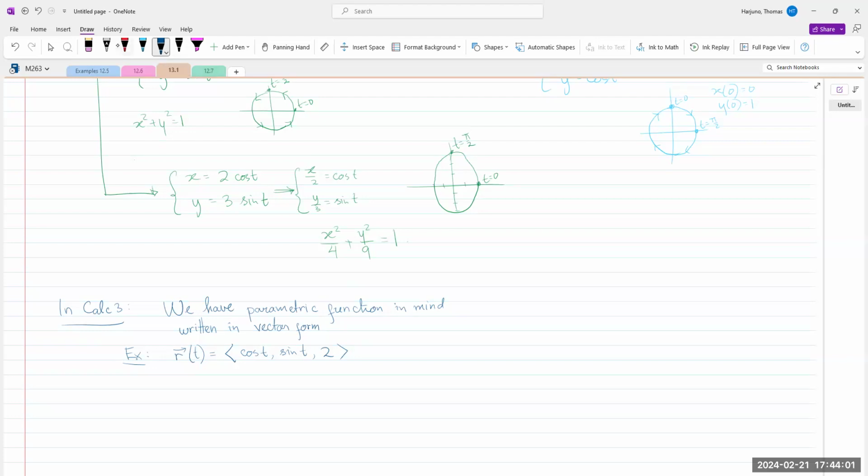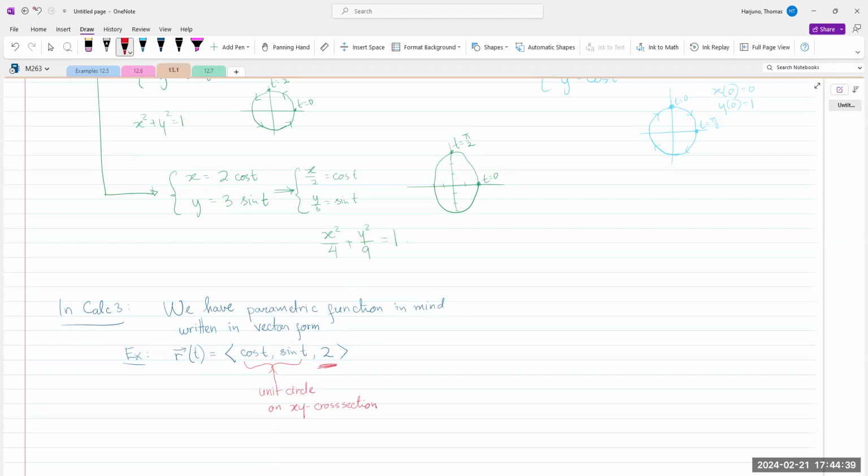Notice that the first 2 components give us a unit circle on the xy cross section, but then it is at the height z equals 2.